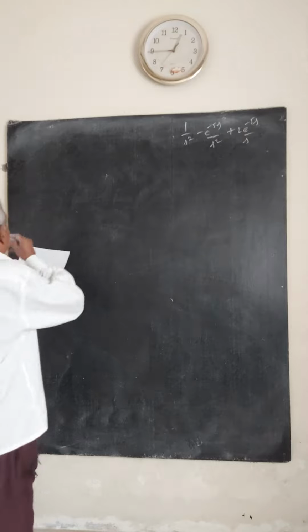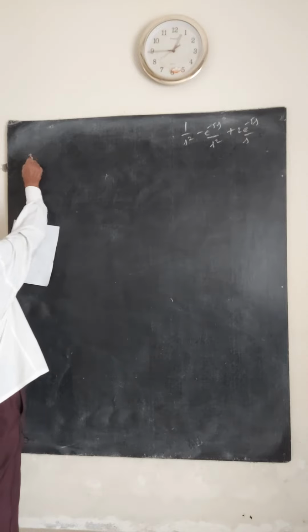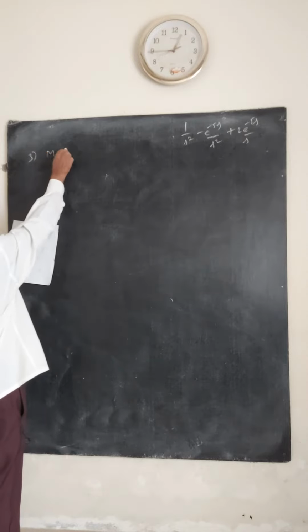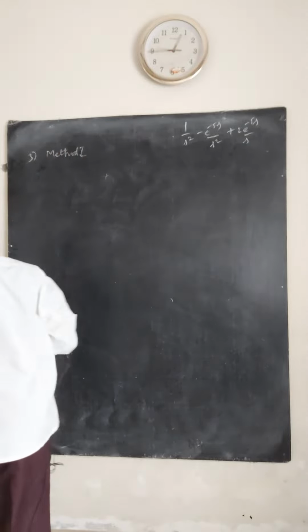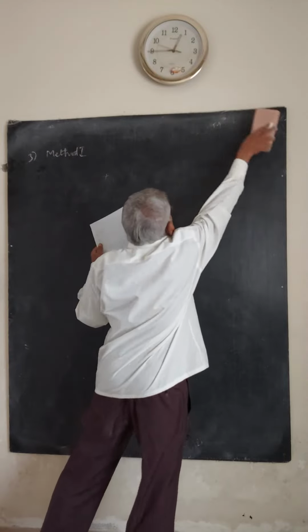Again, sum number 3. Method 1 is using the unit step function.